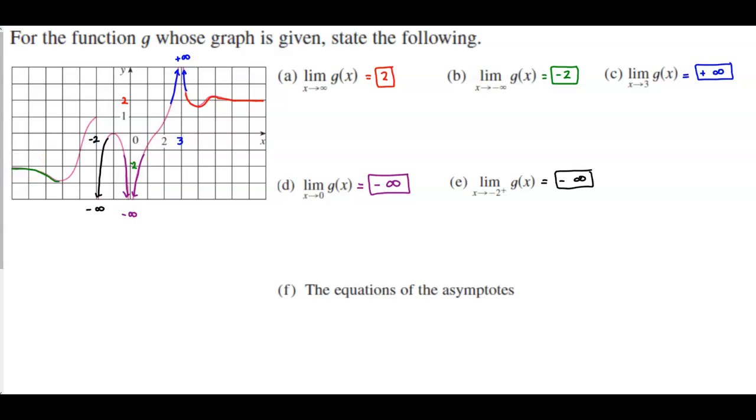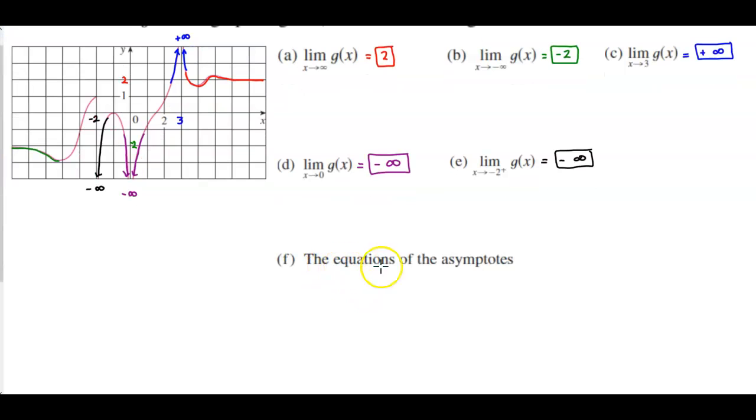Okay, now what we want to do is find the equations of the asymptotes. Let's first take a look at the vertical asymptotes. We can see here that we have a vertical asymptote going through negative 2, so we have x equal to negative 2.